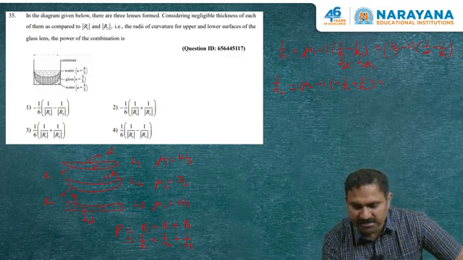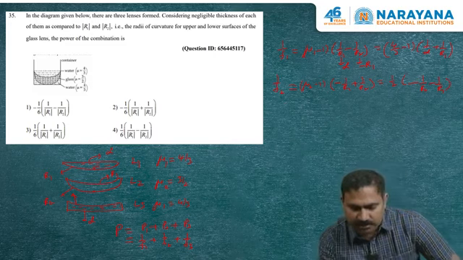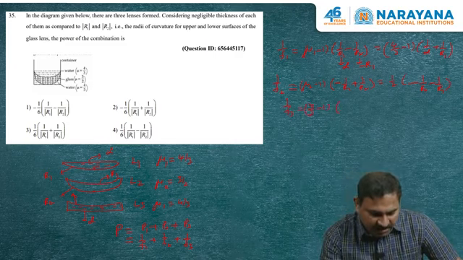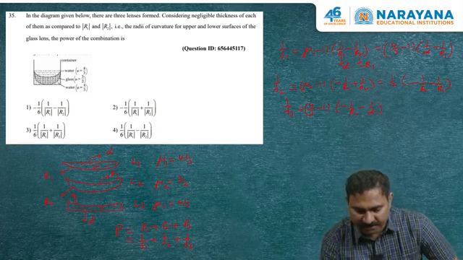So, 3 by 2 minus 1, this is 1 by 2 times of (1 by R2 minus 1 by R1). Similarly, 1 by F3 can be written as (4 by 3 minus 1) into, in this case R1 is minus R2. So, this is minus 1 by R2 minus R2 is infinity.